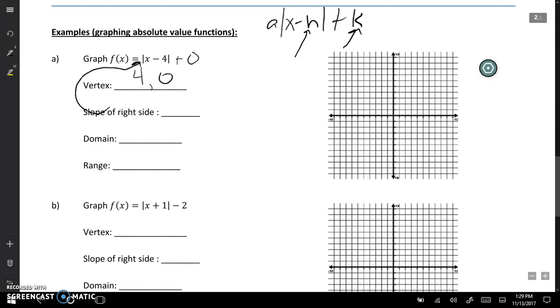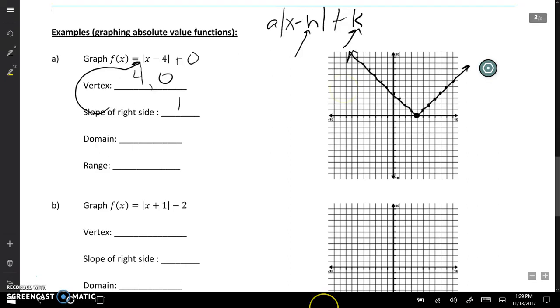There's nothing there, an imaginary 1. We start at the point (4, 0). My slope of the right side is 1, so we go up 1, over 1. Up right, up right, up right. Now we go up and back, up and back, up and back. There is your absolute value equation.